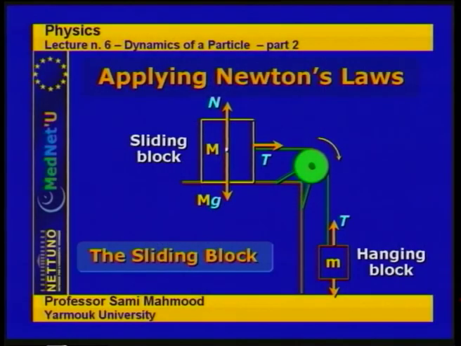If that is true, that means the speed of each object is the same as the speed of the other. The two objects would have the same speed, and also the same acceleration as far as magnitude is concerned. The only difference between the two is the direction of their velocities and accelerations.